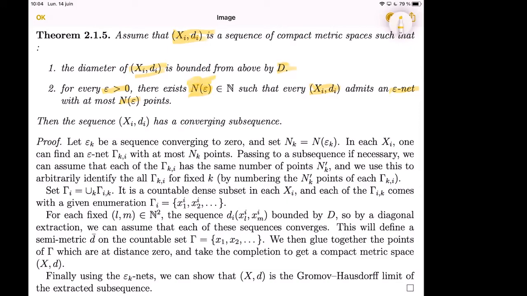the distances on those, and then you use a diagonal argument to build something which is converging on a dense set. That's more or less what's written, which would be like an increasing union of those epsilon nets. And then you need to take a completion, and you will get the limit in the end.